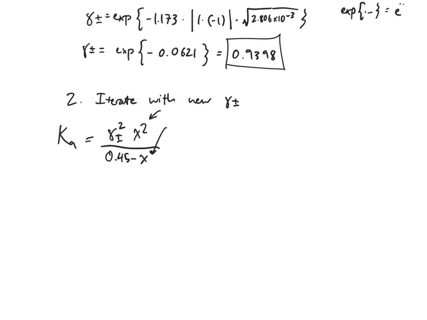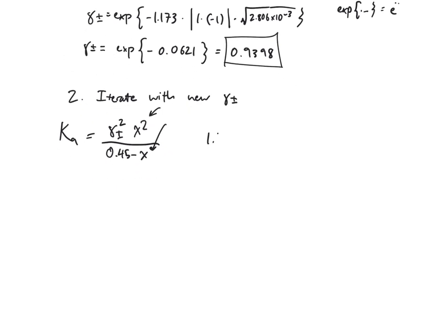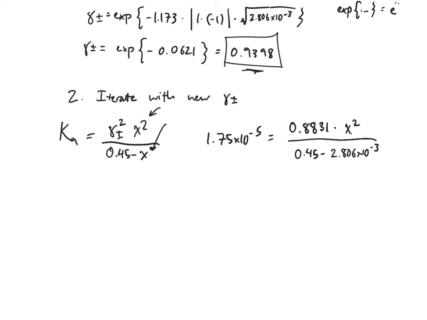That means that 1.75 times 10 to the negative fifth equals this gamma plus minus squared. So I square this value here. That equals 0.8831 times x squared, and then 0.45 minus 2.806 times 10 to the negative 3.